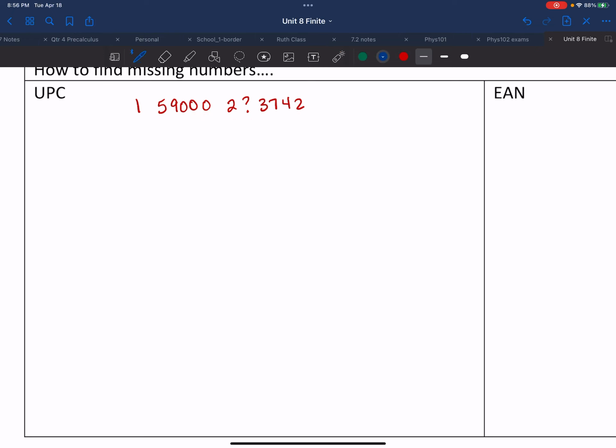What we're going to do is add up everything, but we'll use x for the digit we don't know, because it's a variable.